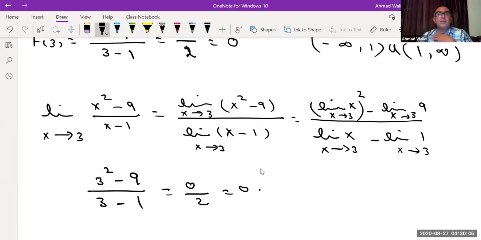We use direct substitution a lot, but we have to be careful. Again, I'm repeating: if the number that you are approaching is in the domain of the given function, you can use direct substitution. If it is not in the domain, please do not use direct substitution because your answer will be wrong.